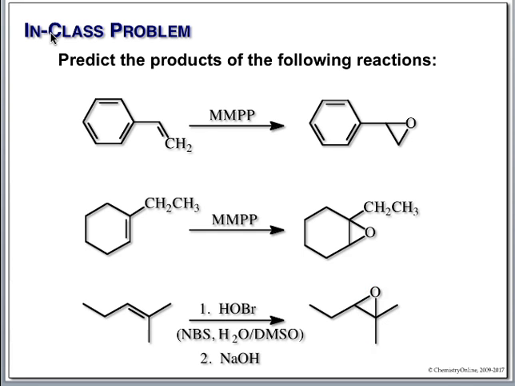Now, epoxides are a little odd to draw, odd to think about, and sometimes people have difficulty drawing structures like this, envisioning the products. So just think about it. All you're going to do is put an oxygen on top of the pi system of your alkene. Any questions?